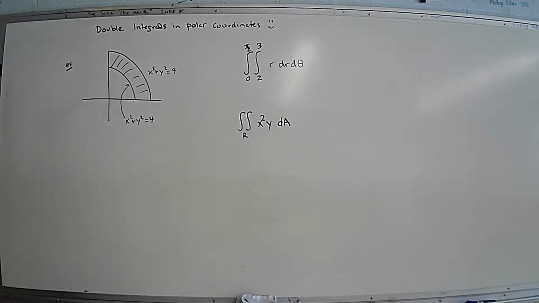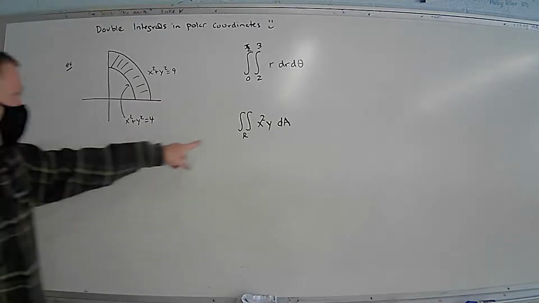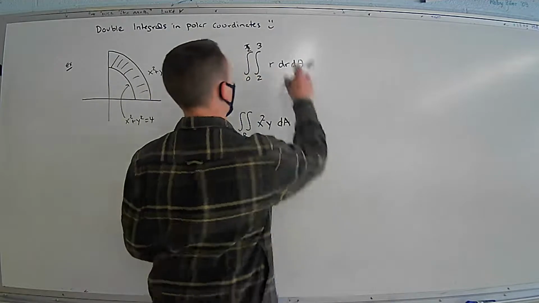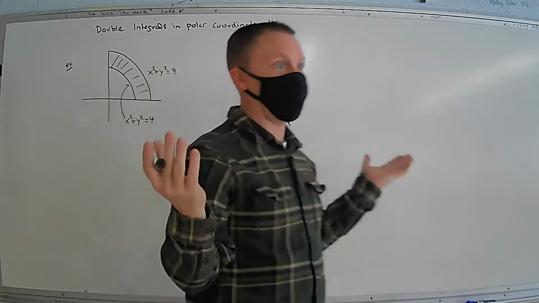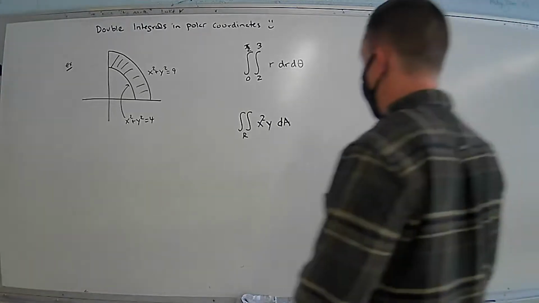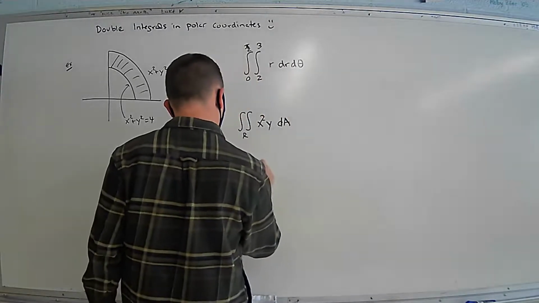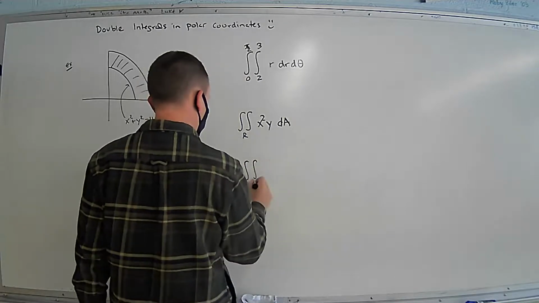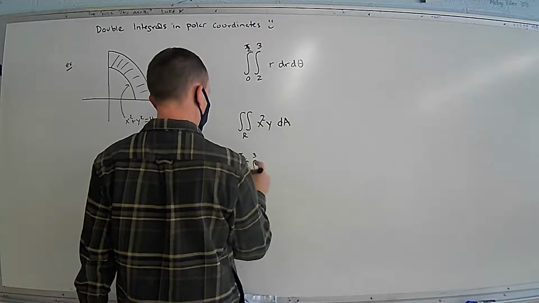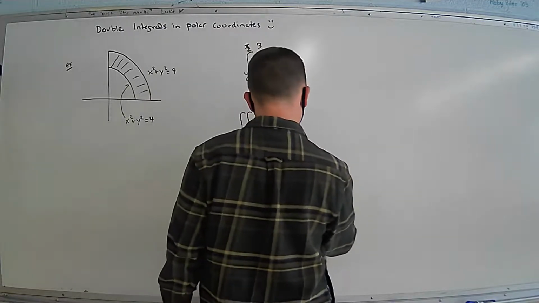Set it up. Oh, because you have to convert. Now I've got a function here, not just dA. This right here is just integrating dA, and you're adding up dA and getting the area. Now I'm integrating a function over that area. But the bounds are still the same, and dA is still the same.